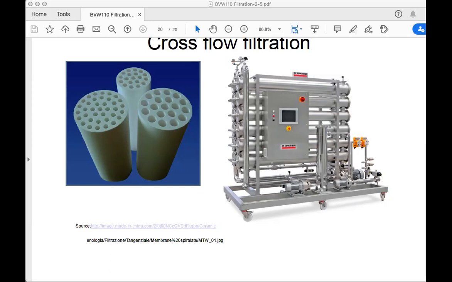So a sterile filter is a 0.45 micron filter, and the wine that's going through a sterile filter would generally have to start off at being less than 1 NTU in order to pass through that filter. And it's for that reason that, for example, the wine coming out of a crossflow filter is about 0.28 NTU, which means that it can easily then pass through a sterile membrane at bottling.